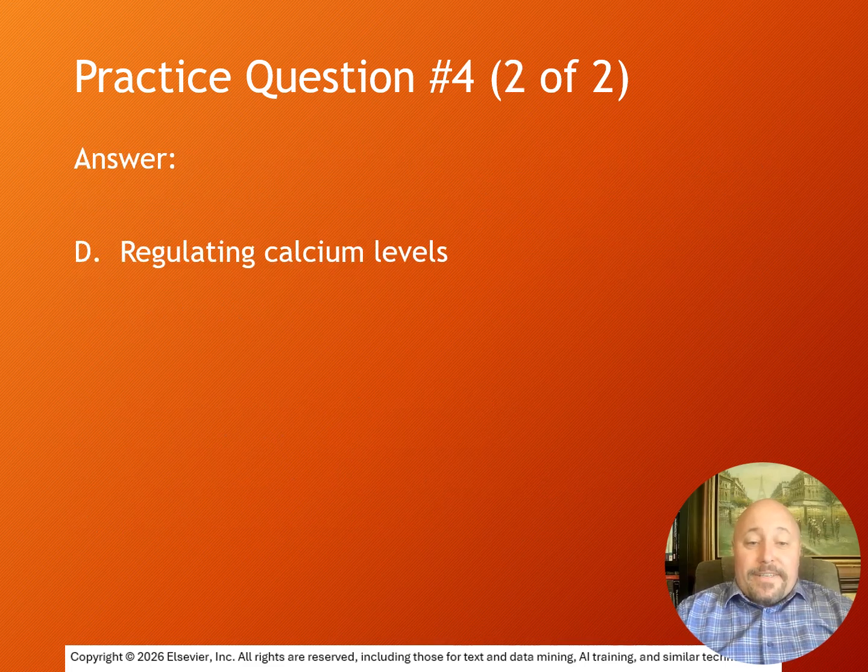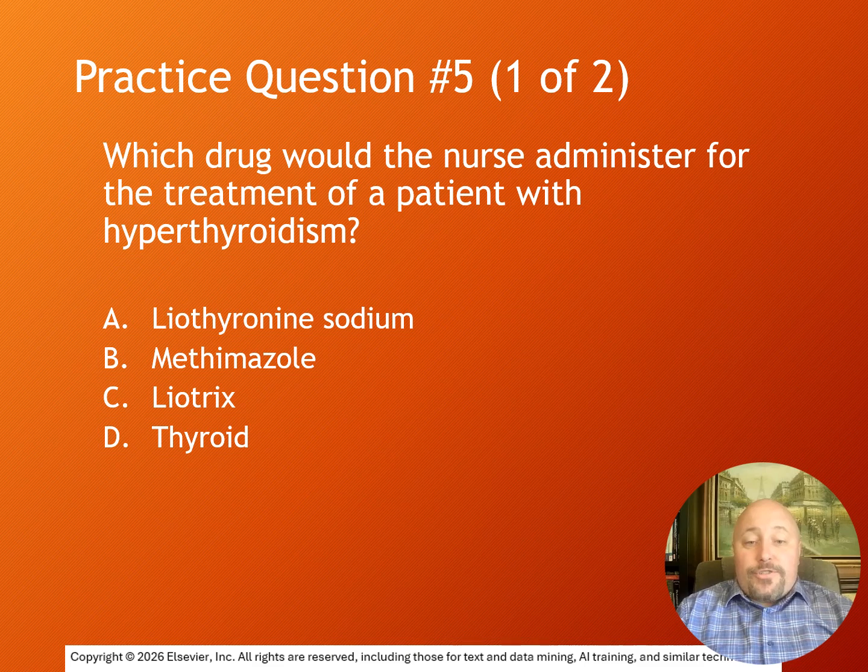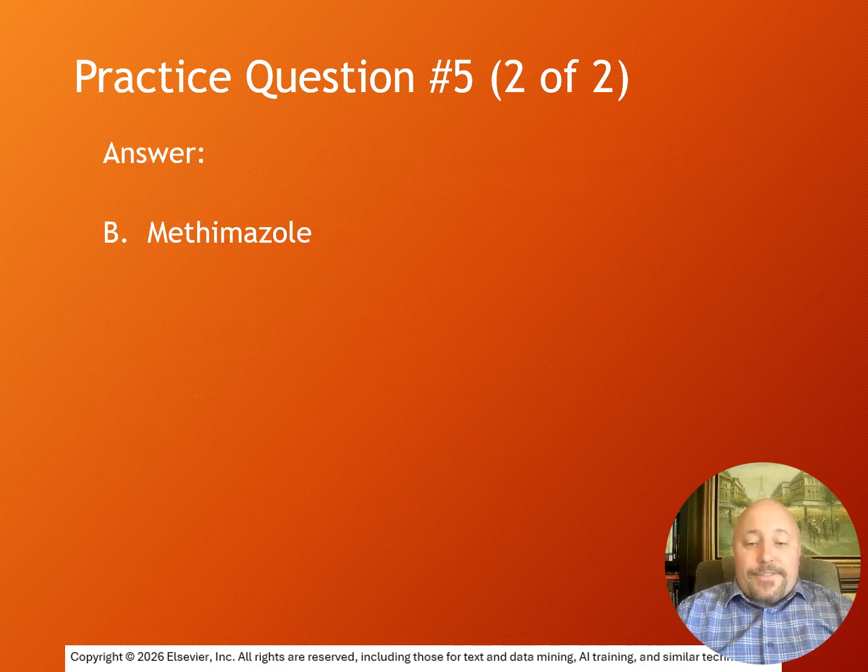And that answer is going to be D, regulating calcium levels. Question 5. Which drug would the nurse administer for the treatment of a patient with hyperthyroidism? A, liothyronine sodium, B, methimazole, C, Liotrix, or D, thyroid? That answer is going to be B, methimazole.